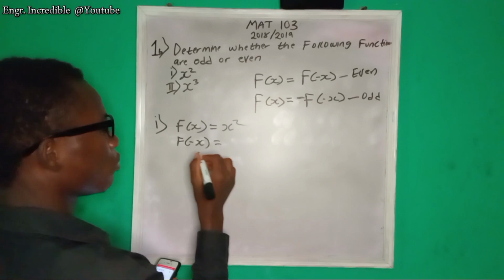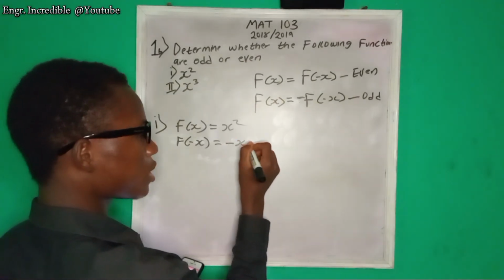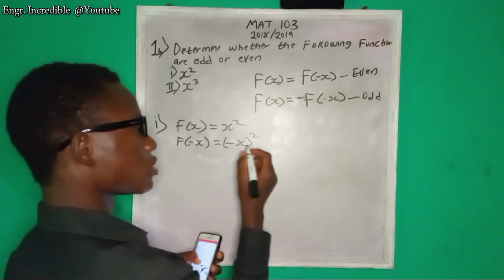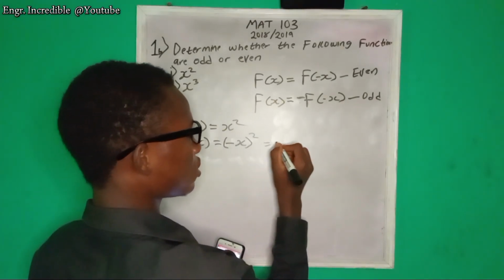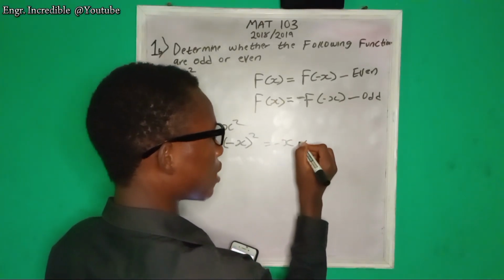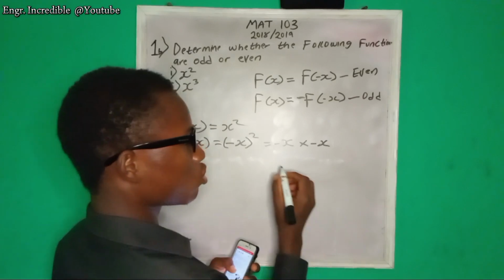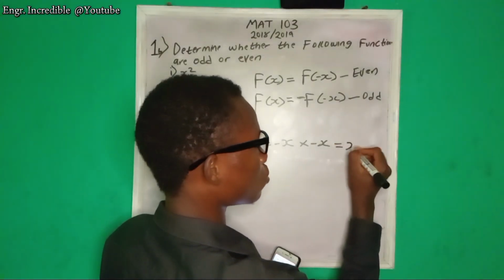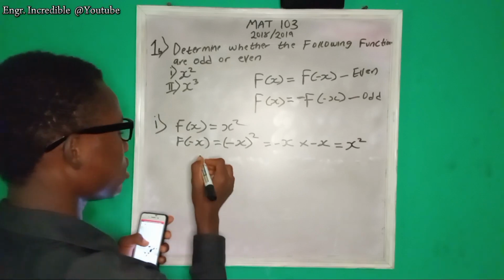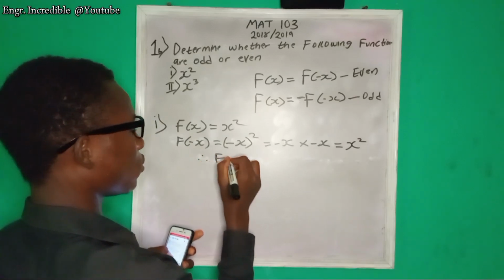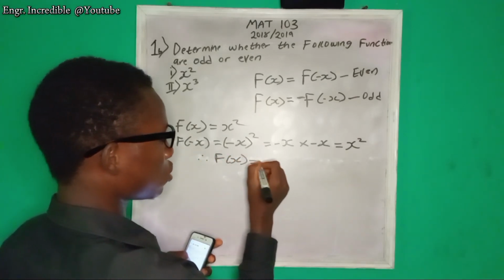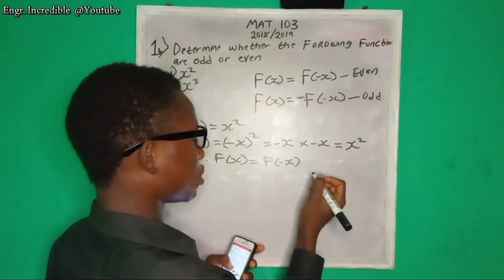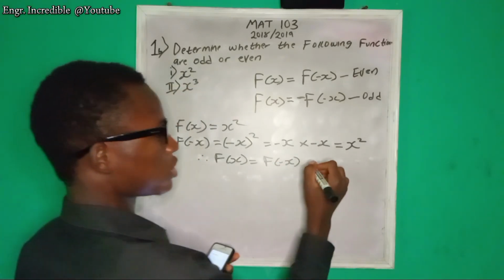Whenever you see x, you put minus x. So we have minus x in brackets all square, and minus x squared is equal to minus x times minus x. So here we know minus times minus is equal to plus, and x times x is equal to x square. Therefore f of x is equal to f of minus x. So therefore it is even.